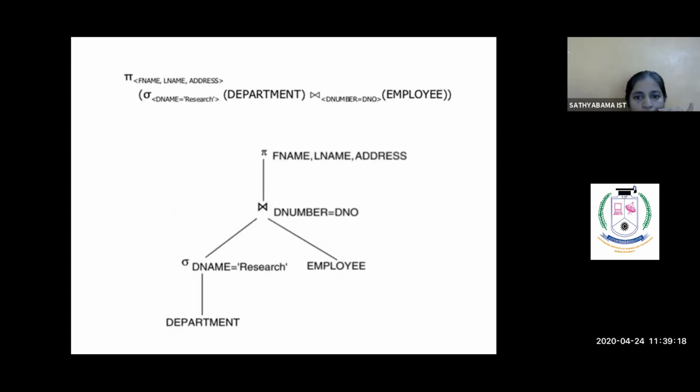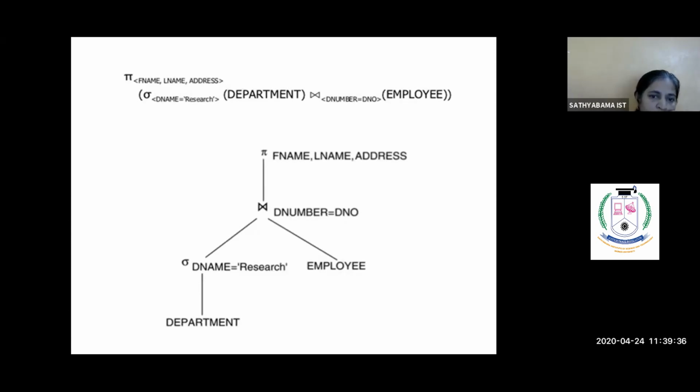Now you can check out another query, where we are going to select only research people. In the department table, the department name should be research. Those rows alone we are fetching, and we are going to join the two tables.